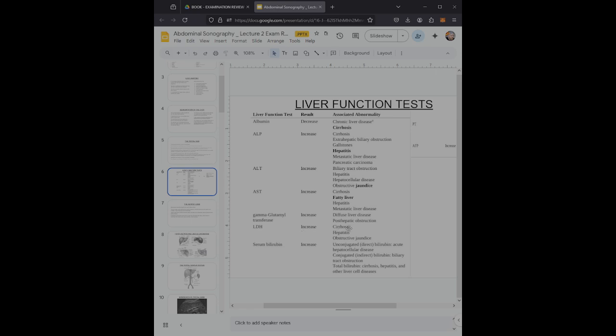LDH increases would indicate cirrhosis, hepatitis, obstructive jaundice. Serum bilirubin increases would, well, depends. If bilirubin is unconjugated, we are looking at acute hepatocellular disease. If it is conjugated, then we're looking at biliary tract obstruction. If there's an increase in total bilirubin, we're looking at cirrhosis, hepatitis, and other liver cell disease.